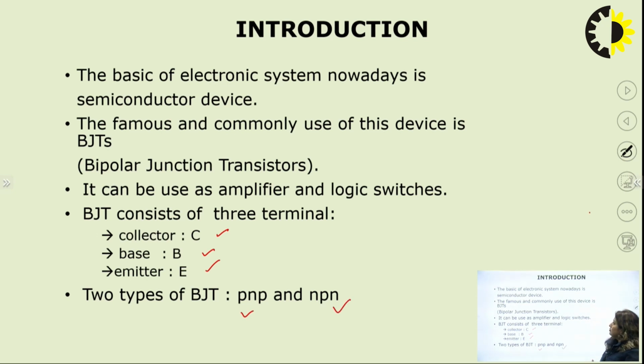These are some applications of BJT, and it is basically a combination of 2 PN junction diodes, which we have already discussed in the previous classes.